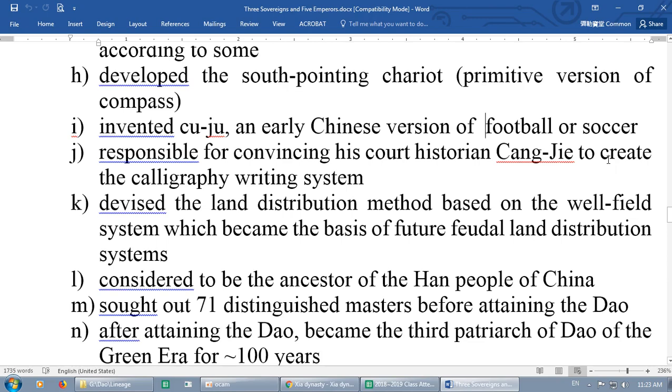What we call soccer, they call football. They recognize that the Chinese invented this kickball almost 4,000 years ago, or 3,500 years ago. So the Chinese invented soccer, guys, probably the most popular sport in the world. Supposedly, I don't know.